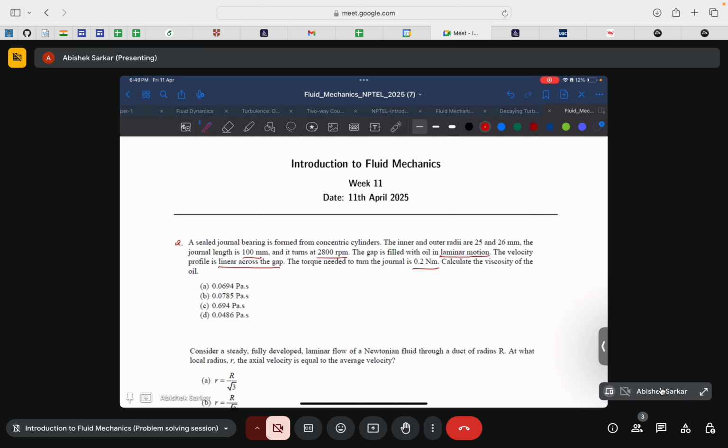All the information is already given. You need to find the viscosity. Try to correlate the shear stress and the torque. Try to find how you can correlate them.